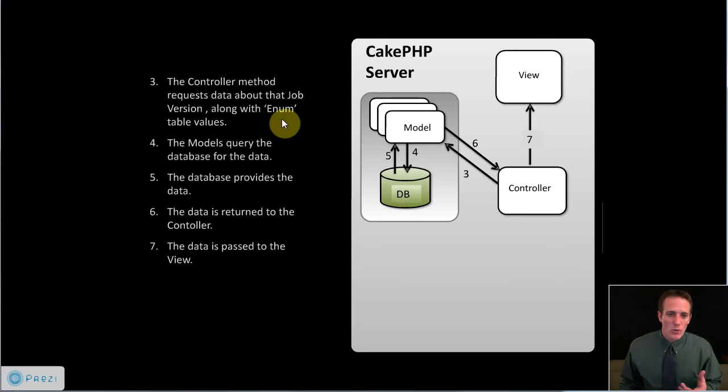In the input form, an enumerated set of values for several fields are needed. So number 4 and 5, basically the models need to get that data. Number 6, return it to the controller. Oftentimes the controller needs to do some other processing of the data before actually getting it to the view. So you hand it off to the view then, number 7.